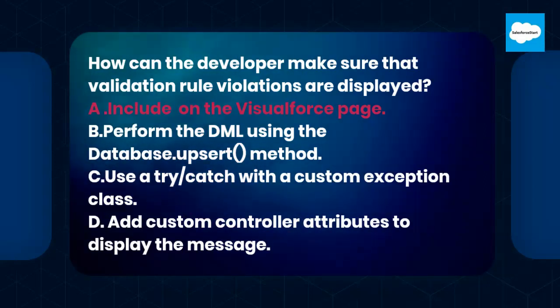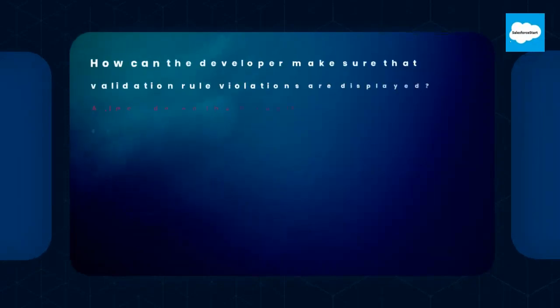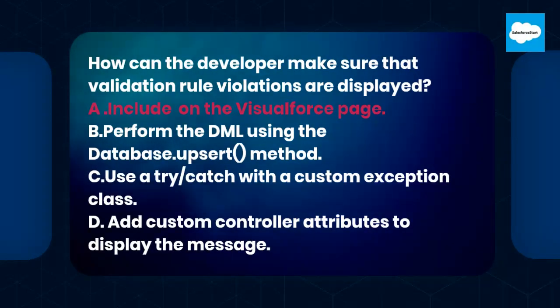A. Include <apex:messages> on the Visualforce page. B. Perform the DML using the Database.insert method. C. Use a try/catch with a custom exception class. D. Add custom controller attributes to display the message. The answer is option A: include <apex:messages> on the Visualforce page.